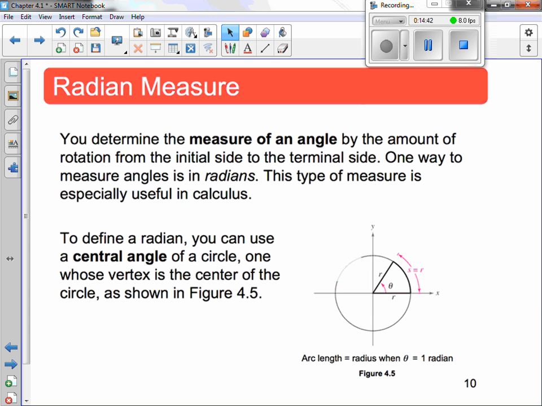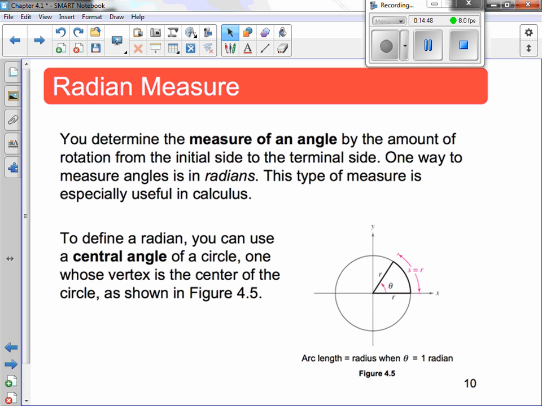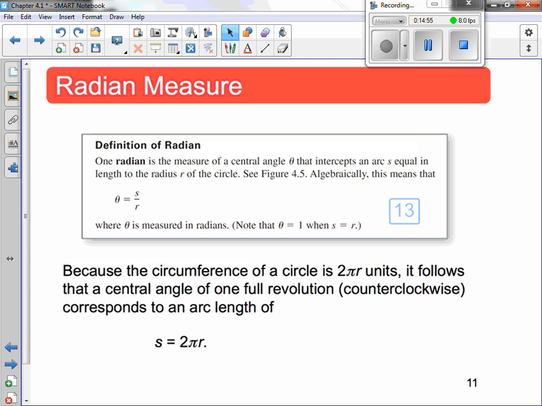Radian measure. So this is dealing with pi. We're talking about the angle being s, the arc length over the radius. So how far the arc is, the length of the arc over the circle's radius. So we get this here, and this is really talking about 2 pi r. 2 pi r is the circumference of a circle, or pi d, pi times the diameter.